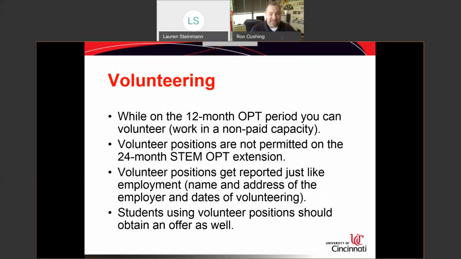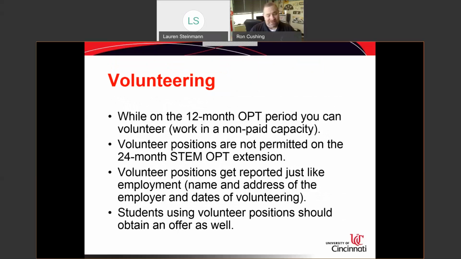Now, OPT is an employment period, but not everybody gets paid for their OPT activities. While you are on the 12-month period of OPT, you are allowed to volunteer or work in a non-paid capacity.